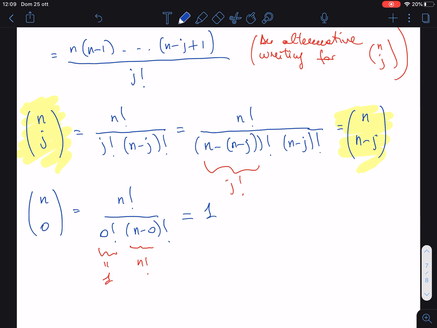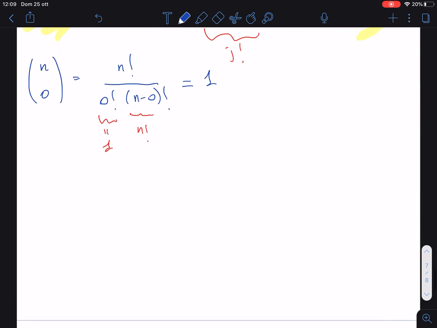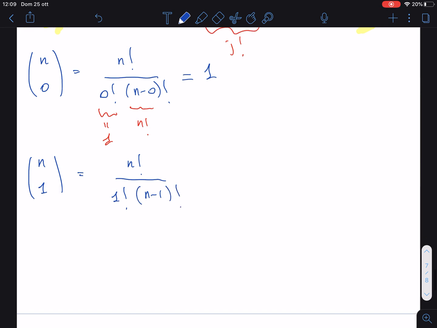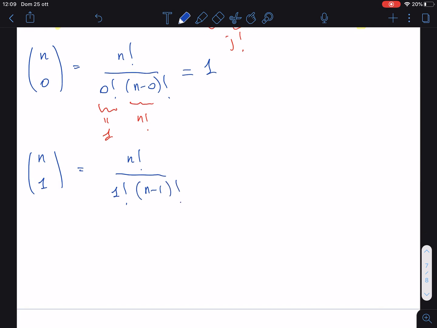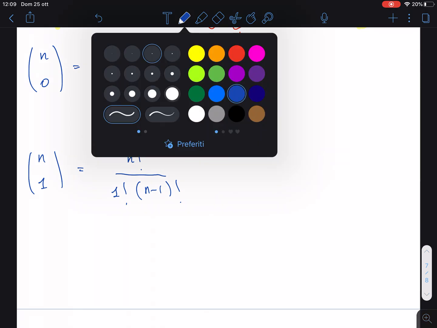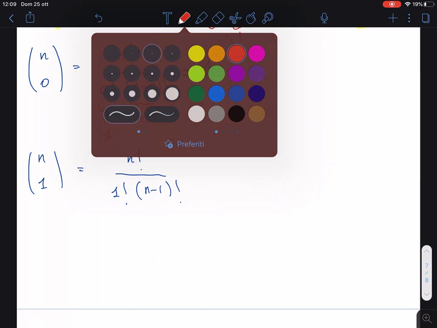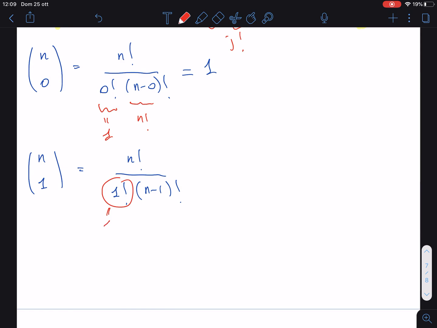It is also important that here you have 1 in the second position, and again by definition you have n factorial divided by 1 factorial, n minus 1 factorial. And 1 factorial is equal to 1.